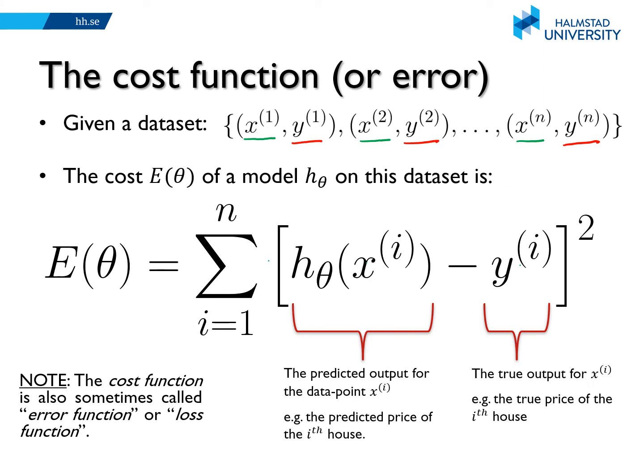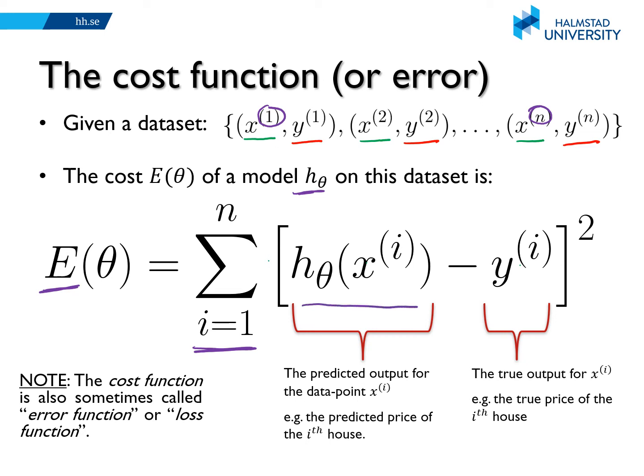The cost of a given model on this data set is defined as follows. This is called the sum of squared errors. It is denoted by E, meaning error or cost. We have here the sum over all the training examples from 1 until n.